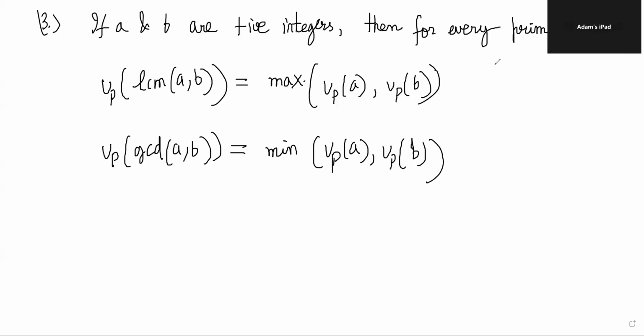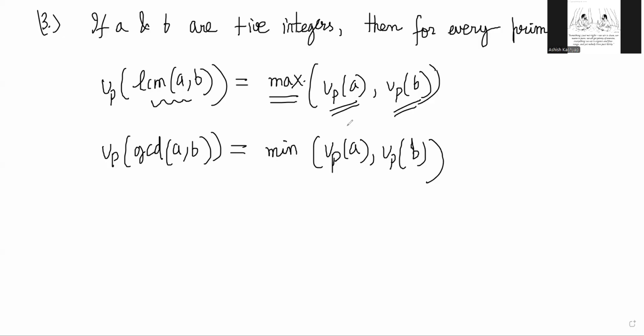When we do LCM of two numbers, we compare their prime factorizations, and whenever any prime number appears in them, you take the highest possible power, right? And that final thing becomes the LCM. So V_p of the LCM should be the maximum of the V_p's for the individual numbers.